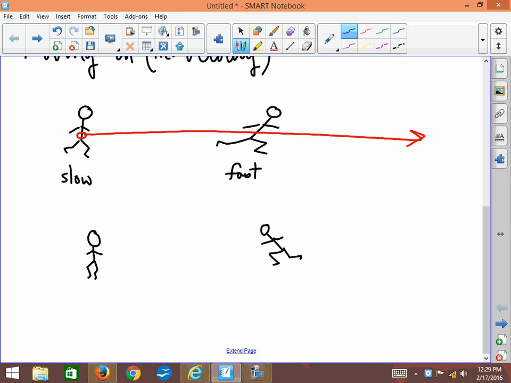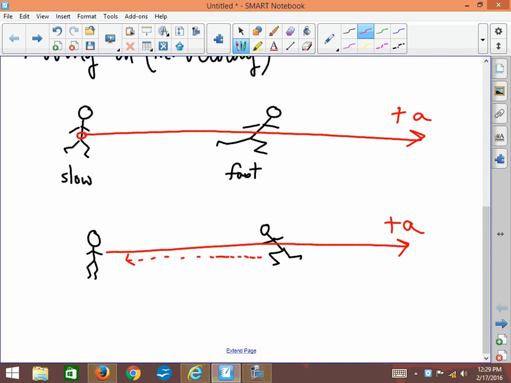Well, the string would still have to be pulling you in the same direction. So the positive acceleration would cause this person, as they moved this way, to get slower and slower and slower. So positive acceleration can cause speeding up to the right, but it can also cause slowing down to the left.